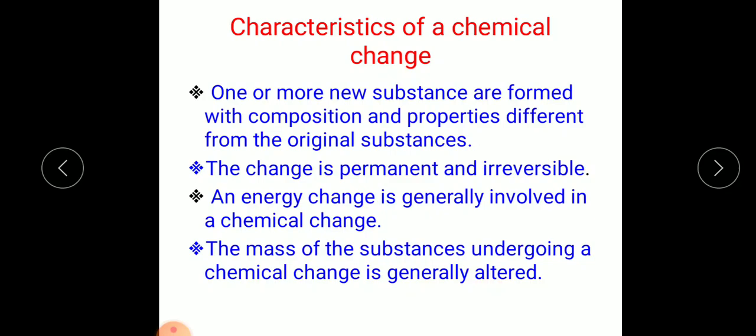That means the mass of the substance will get changed. So these first 2 points are very clear. There is either absorption or release of energy when a chemical change takes place, and the mass of the substance also changes.